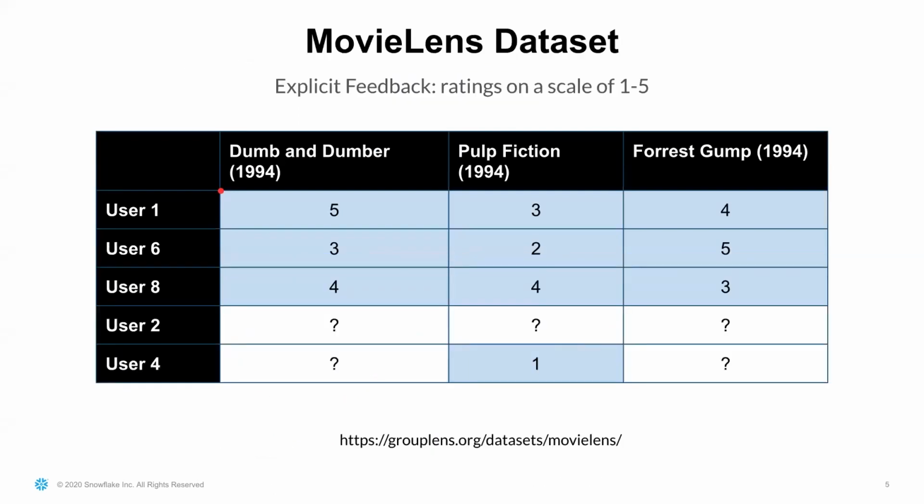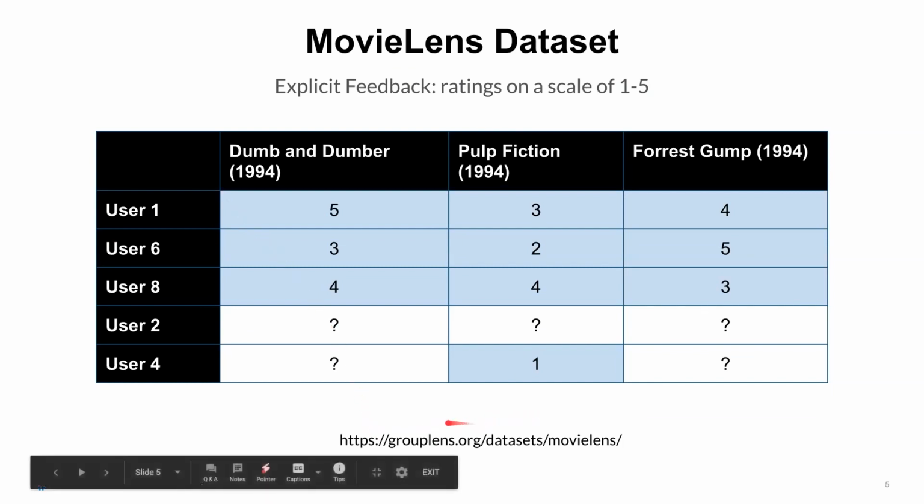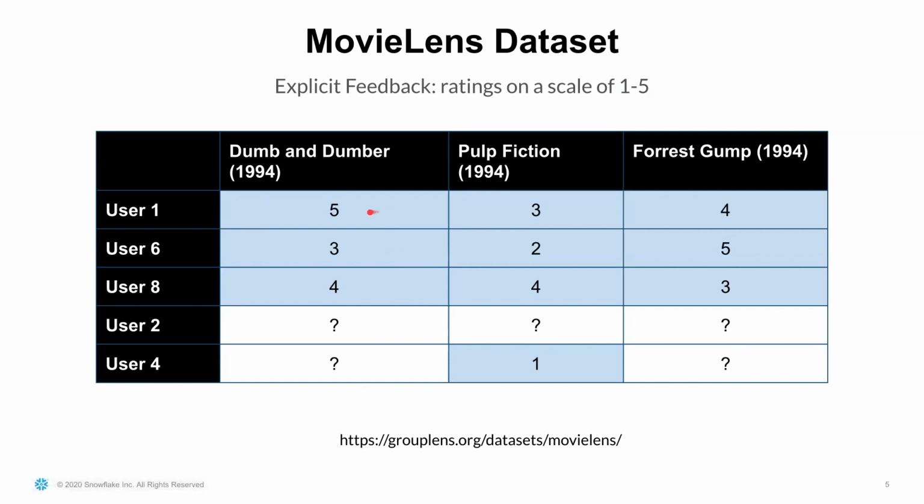The data set that I'm using is a public data set called the MovieLens data set, made available by GroupLens. Essentially, for each user and movie pair, we have either a rating out of 5 or a blank question mark.